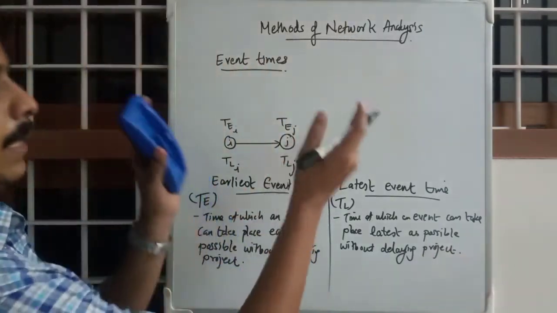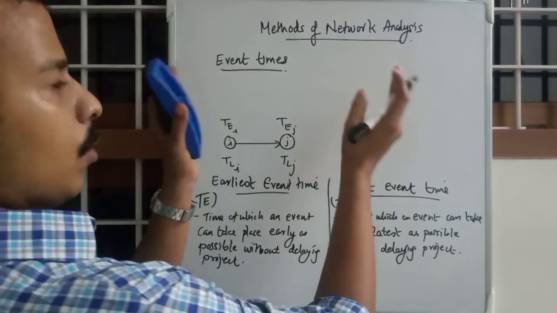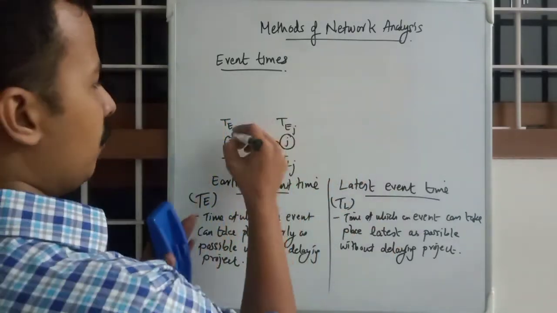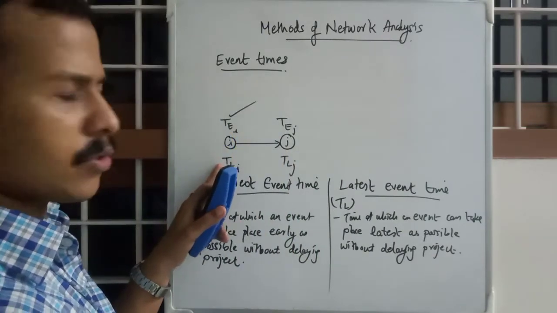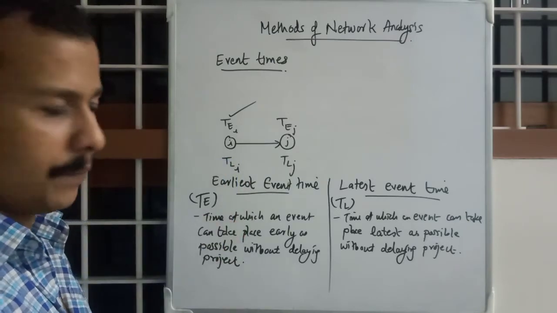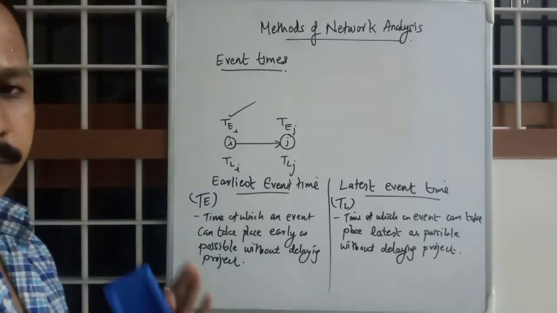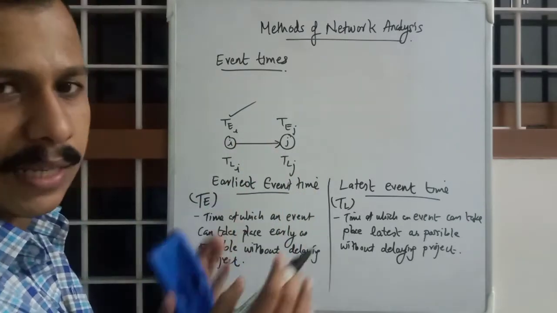Project means the whole network diagram. So without delaying the whole network diagram duration, the earliest time of an event will be termed TE, and the latest time of an event will be termed TL. The calculation of TE and TL is very crucial. That is the main concern, and that's why this class is on.